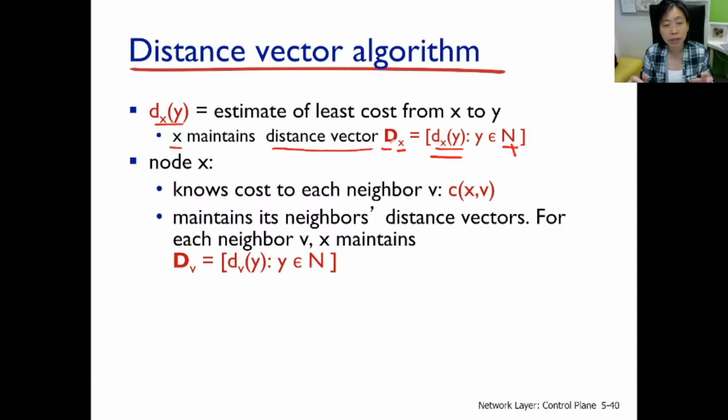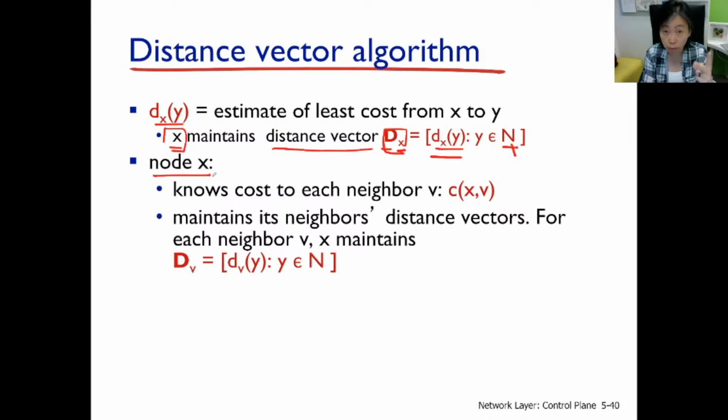Good. So in the distance vector routing algorithm, the goal is to derive Dx for each node x. And before we could calculate Dx, the node needs to have two pieces of information.